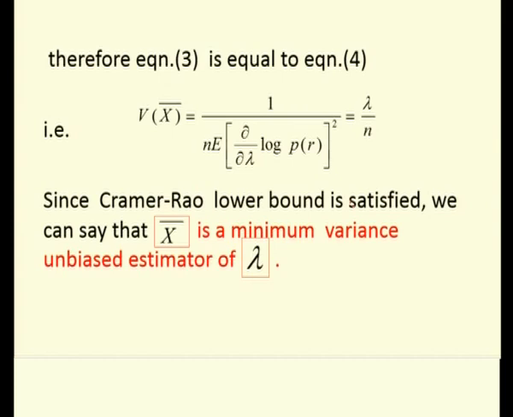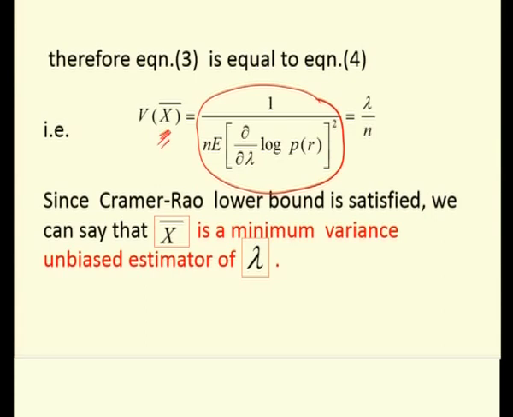I have said that to get the minimum variance unbiased estimator, I am making use of the Cramer-Rao lower bound. So, the Cramer-Rao lower bound is equal to the variance of the unbiased estimator. Here, x bar is an unbiased estimator of lambda. So, variance of x bar is equal to 1 divided by n into this particular term, which I have said is nothing but lambda by n.